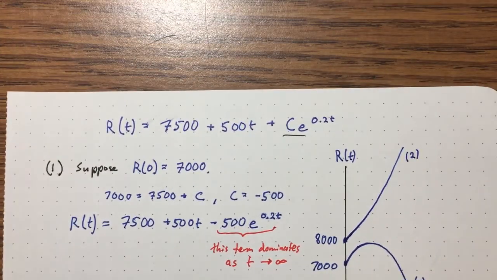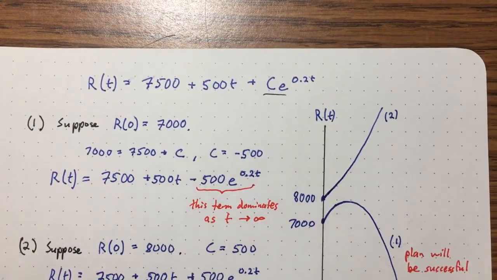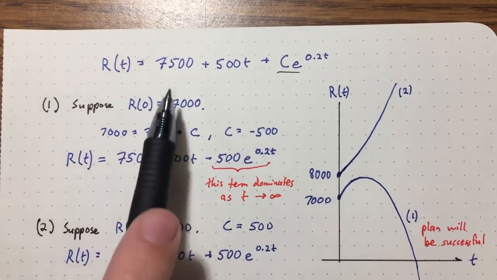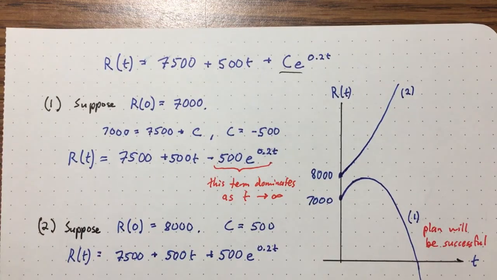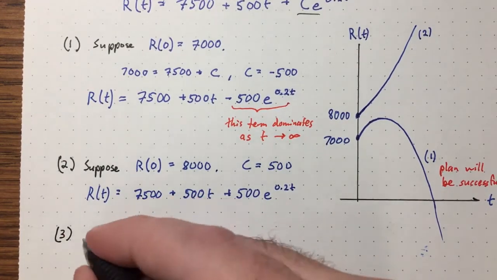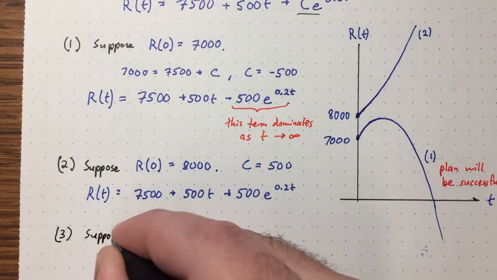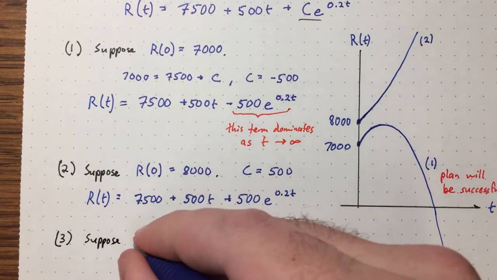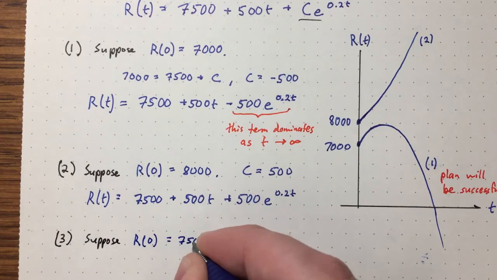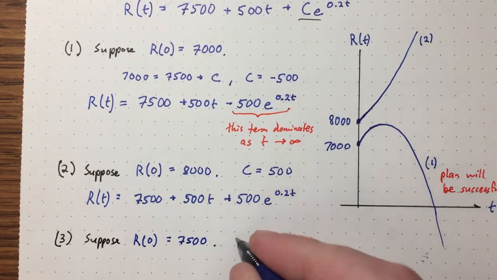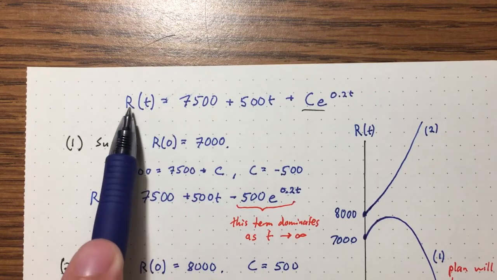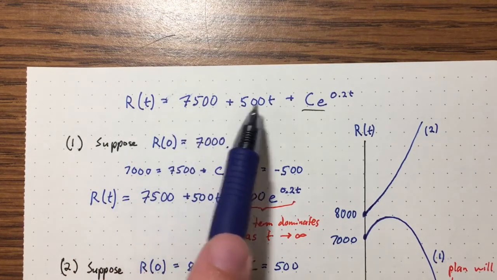And I'd like to do one more case. So see if you can think what that case will be. We're looking at this equation. So what if we have 7,500? What will c be in that case? So you might have seen this already, but 7,500 equals 7,500 plus c, right?